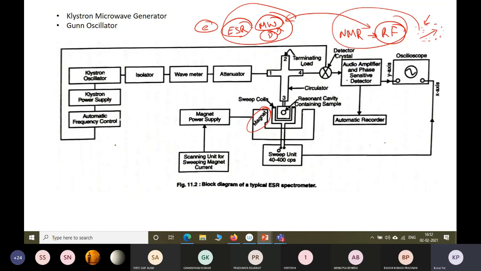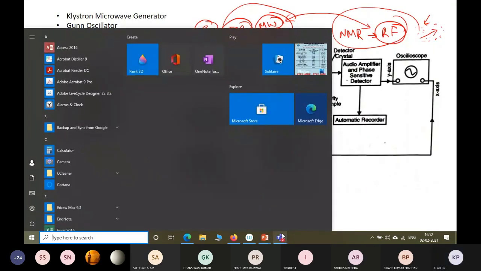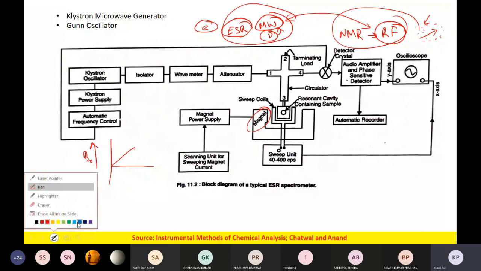As I said, in both cases we have this z axis, say B0, and then we have the net magnetization vector in this area.